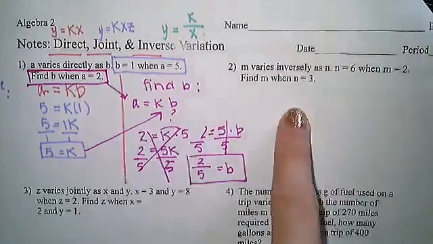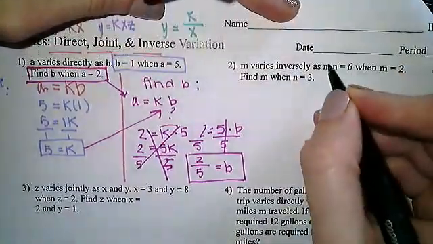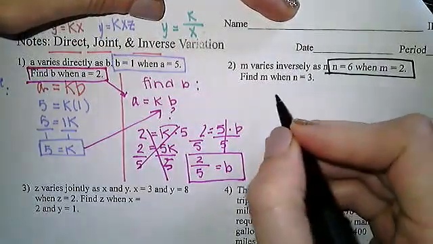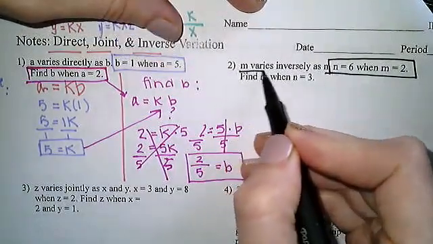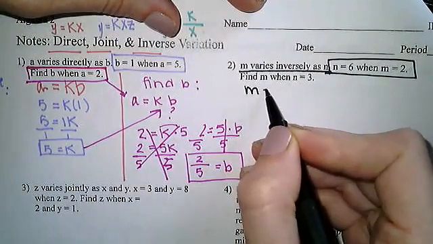So for number 2, M varies inversely as N. N equals 6 when M equals 2. So the first thing we need to note is that since M varies inversely as N, we see that M first.